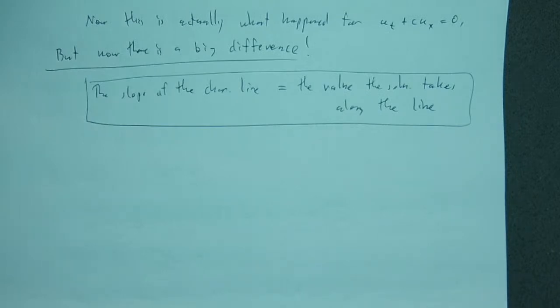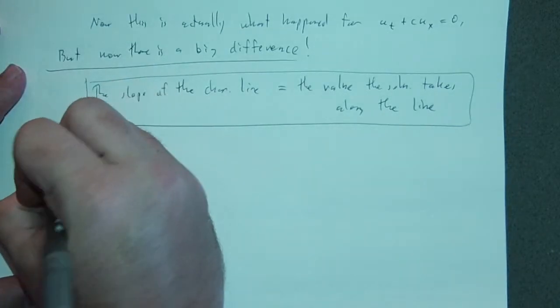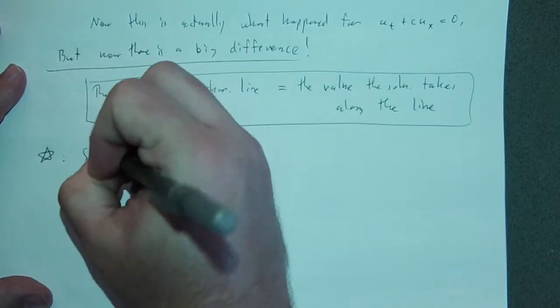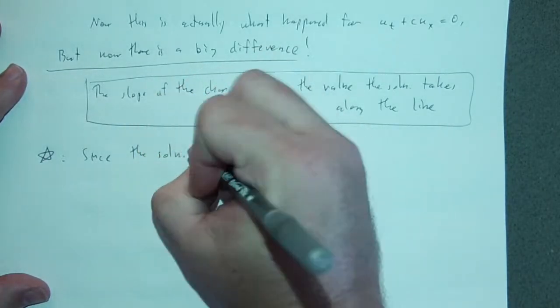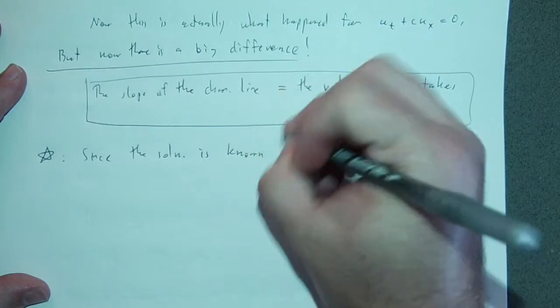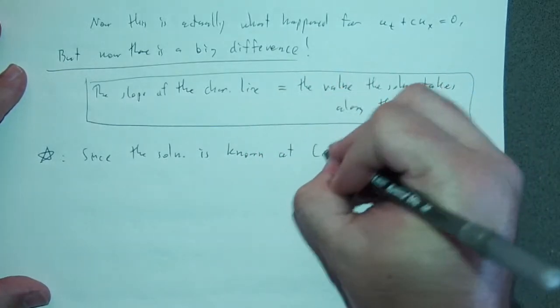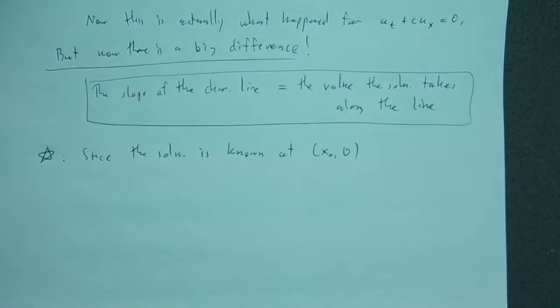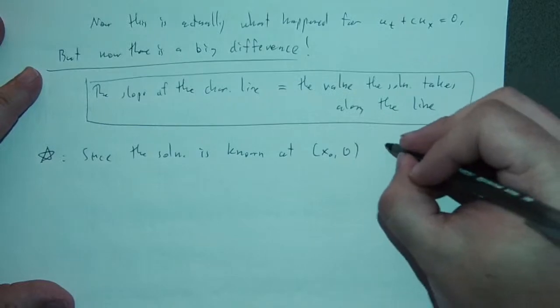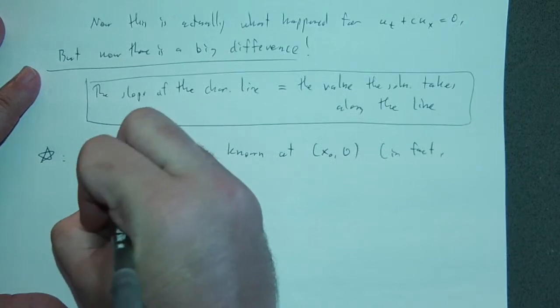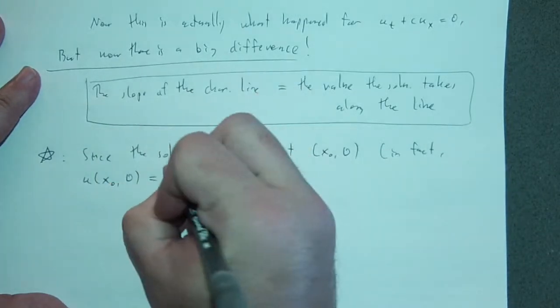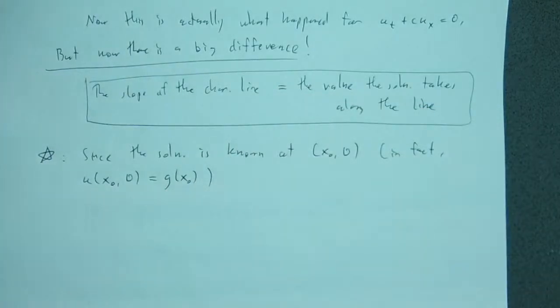Okay, so here is the key takeaway. Since the solution is known at the point x naught, 0, in fact we know exactly that u at x naught, 0 is equal to g of x naught. So we know exactly what it is at this point.